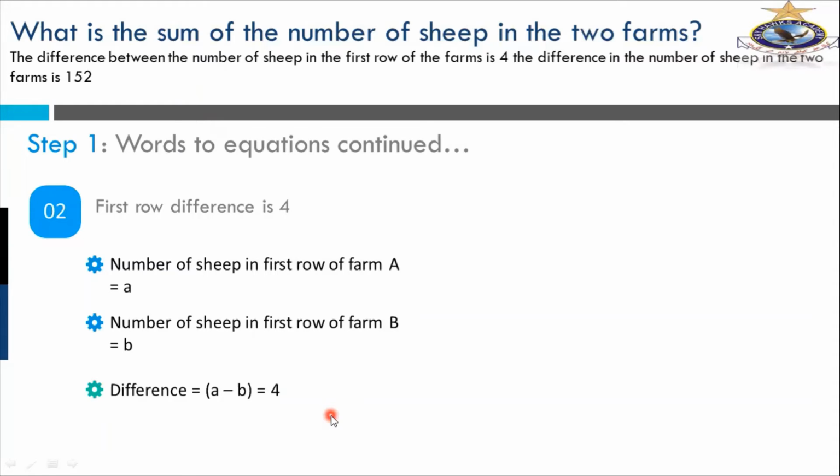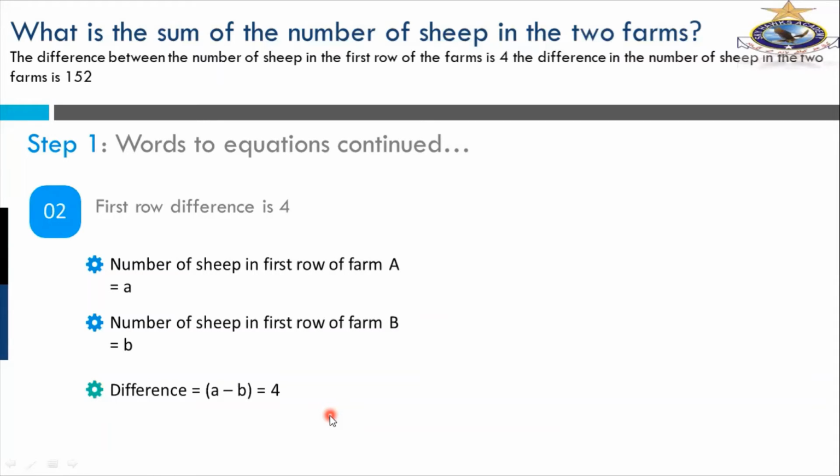If you make the rows in the first form and in the second form, the difference of the sheep is 4, that 4 more either in A or B. That is the difference.